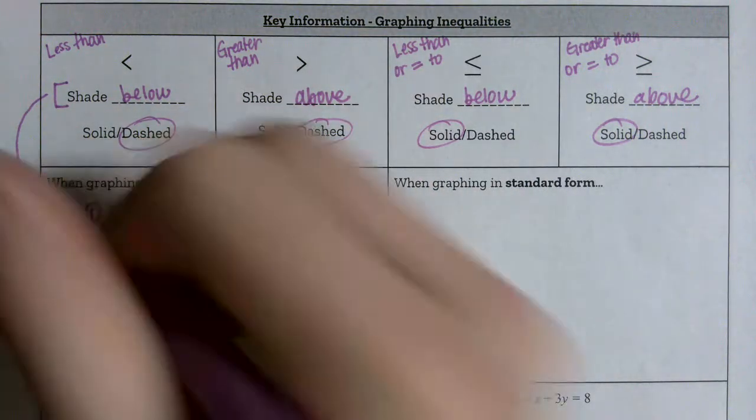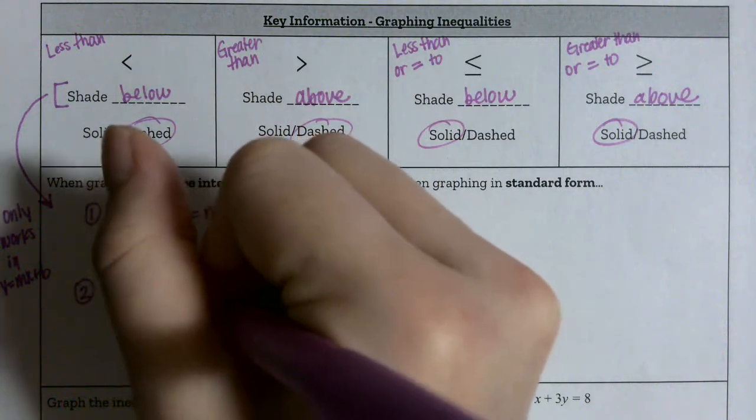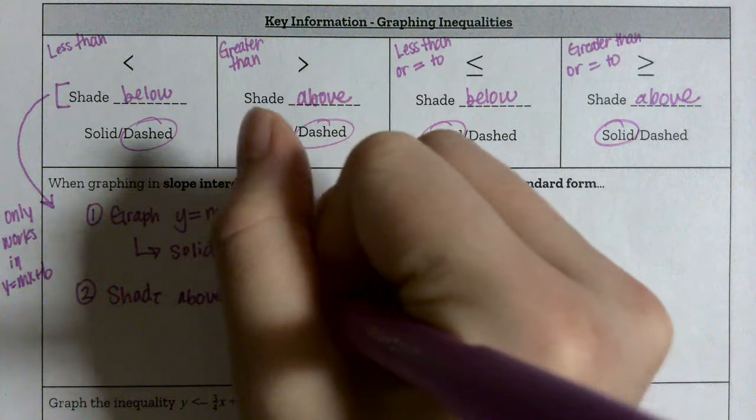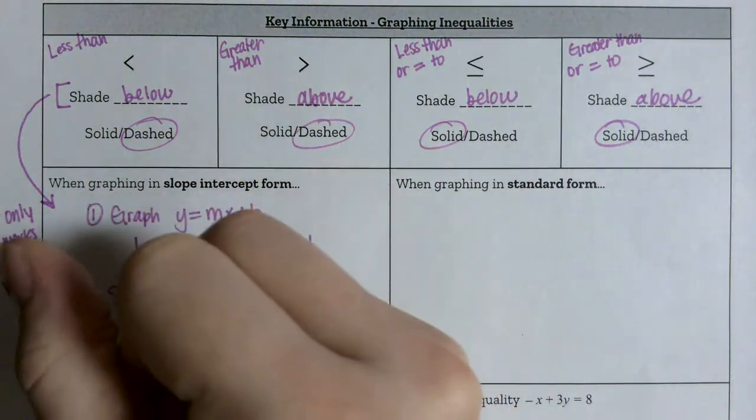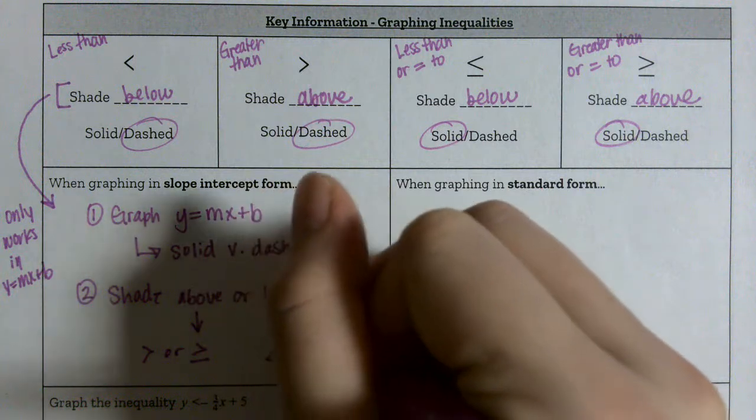And then the shading part is the trick. You can use the trick for this one, so you just simply shade above or below. Above are the greater than symbols, and below are the less than.